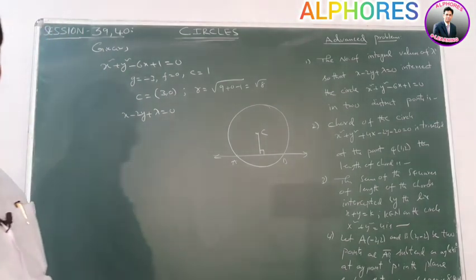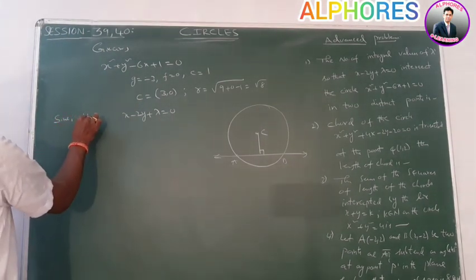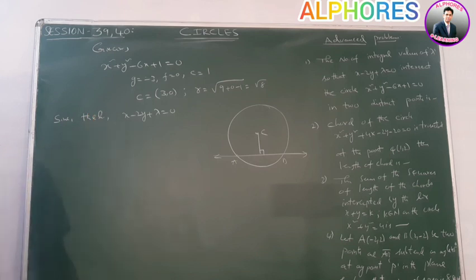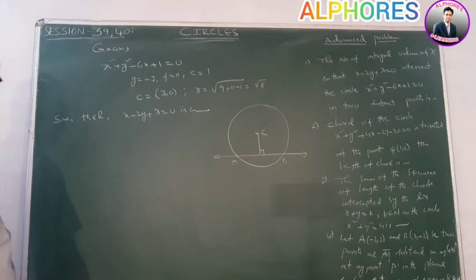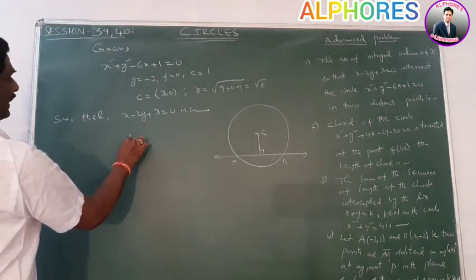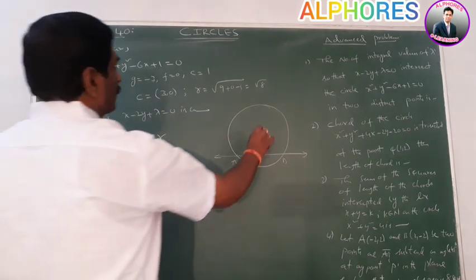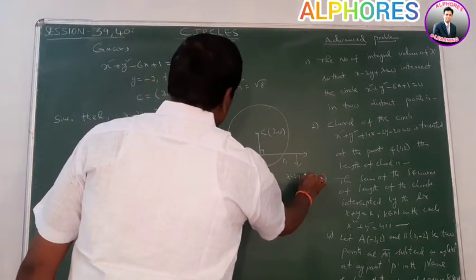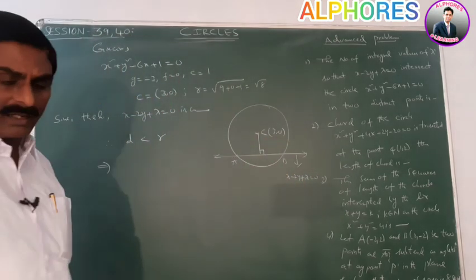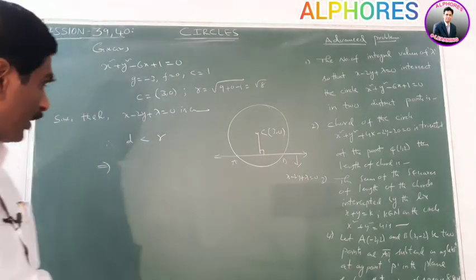Since the line x minus 2y plus lambda is equal to 0 cuts the circle at 2 different points, therefore D is less than radius. D is nothing but the perpendicular distance from center to this line. What is the equation of this line? x minus 2y plus lambda is equal to 0. The perpendicular distance from point to the line is mod of ax1 plus by1 plus c by root over a square plus b square.